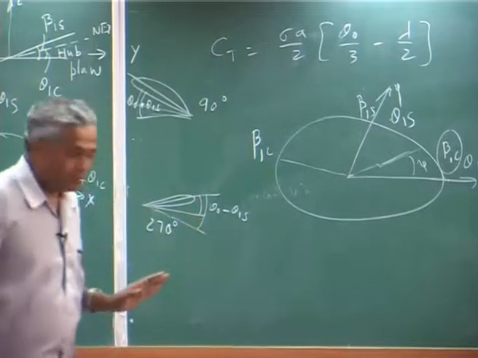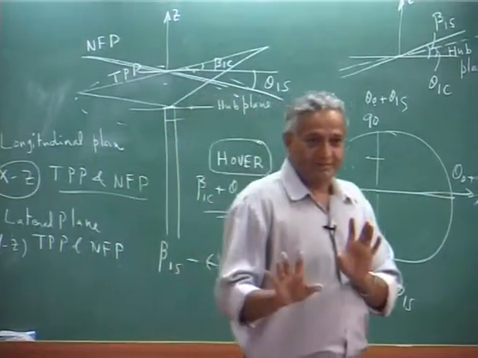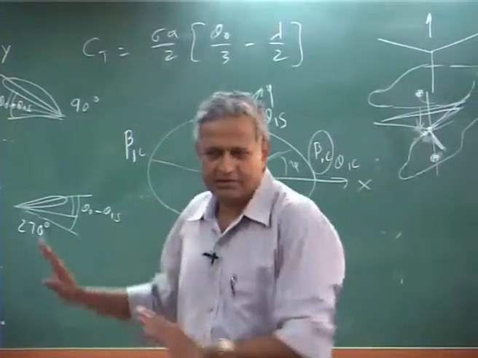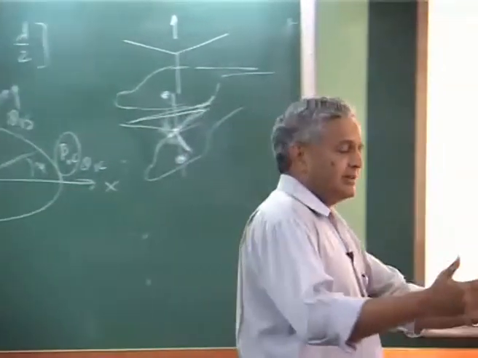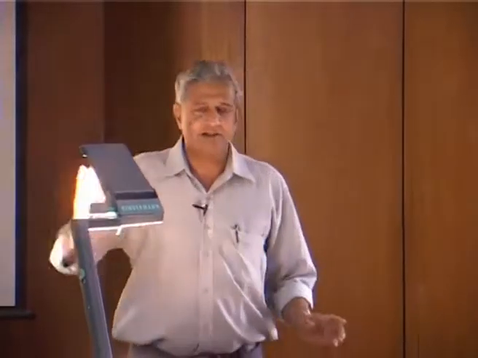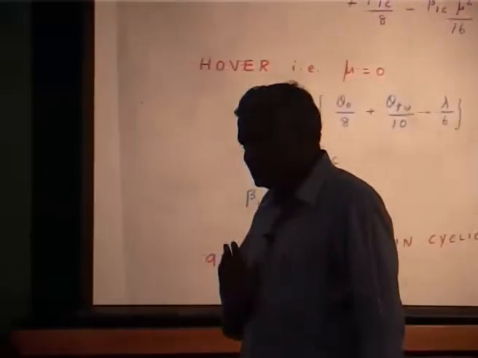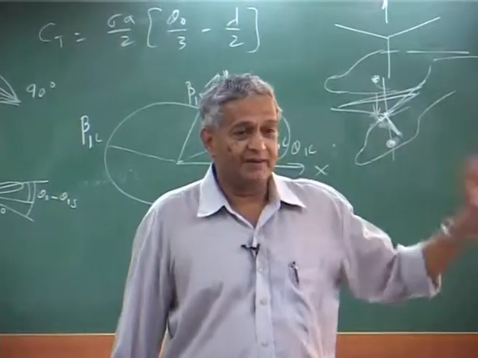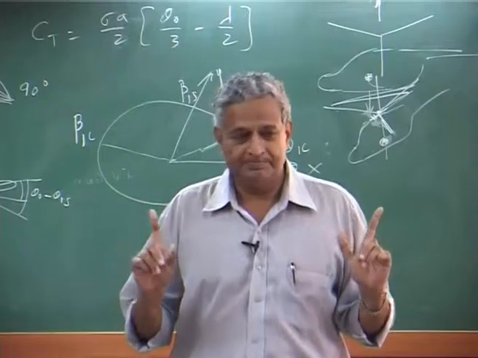Okay. Now, the relation between input and flap is clear for a very simplified case. If you complicate the problem, industry will usually say the input phase shift is 90 degrees, but 90 degrees is valid only for a centrally hinged blade with flap frequency 1 per rev, that is 1 omega.